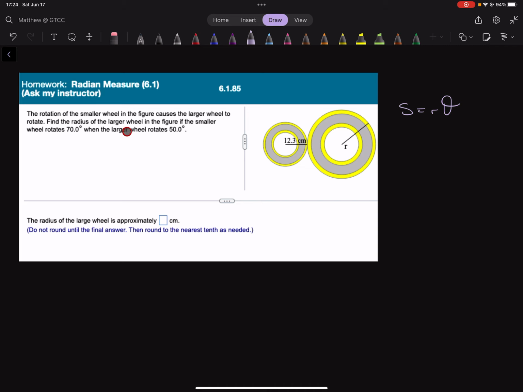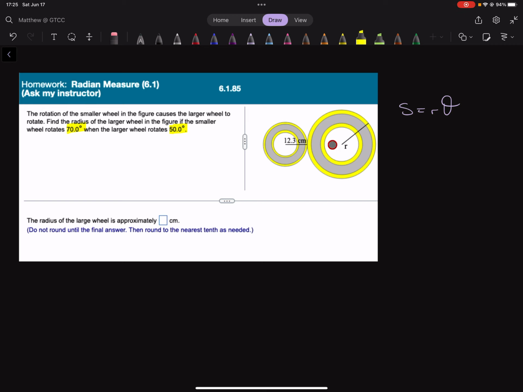It gives us all the information we need to determine the arc length covered on the smaller wheel, because we have the radius and they also give us the amount of rotation. Now, with these two angle measurements, we just need to be careful to convert them to radians before substituting them into the formula for arc length.